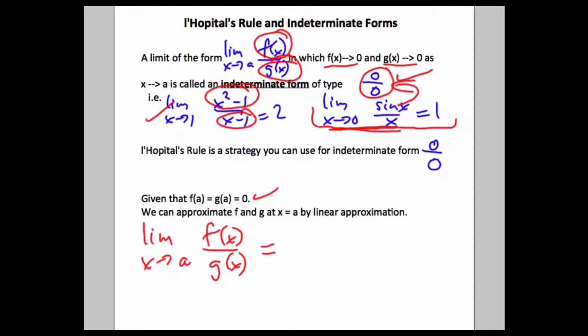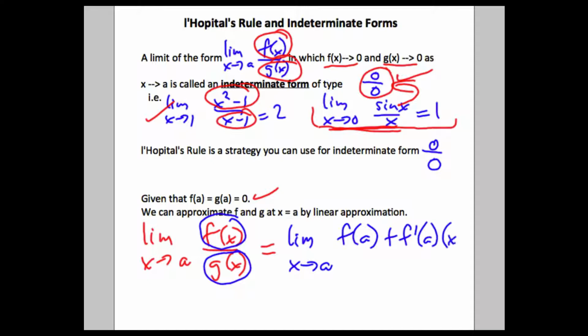The argument I'm going to give to you is that f and g can be approximated by the tangent line at that point through linear approximation. So the linear approximation for f of x, remember, at x equals a is f of a plus f prime of a times x minus a. And for g, same thing with g.